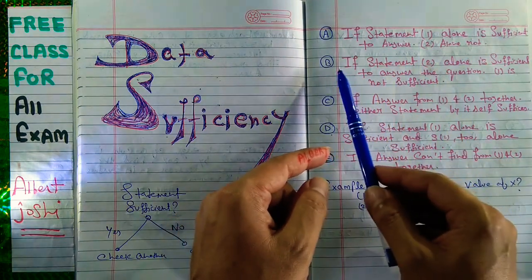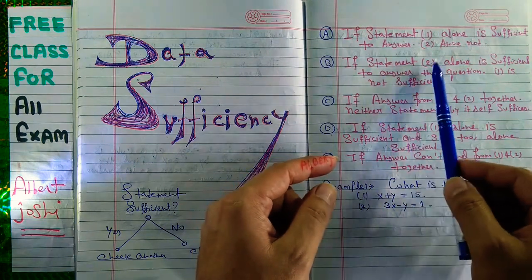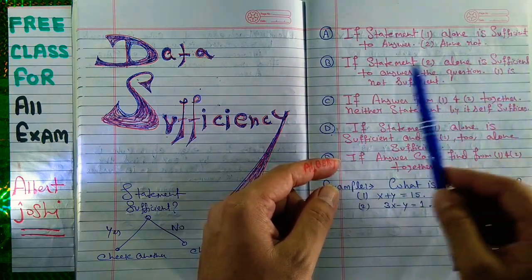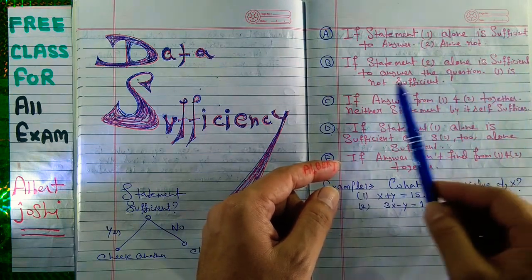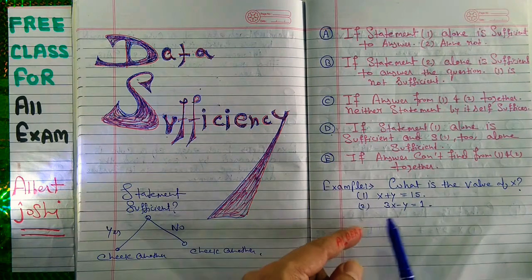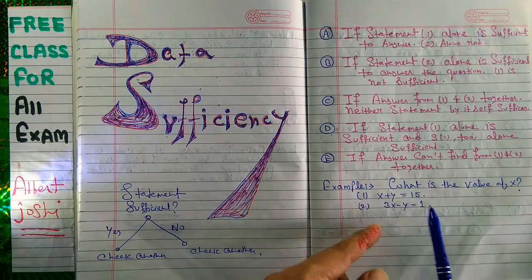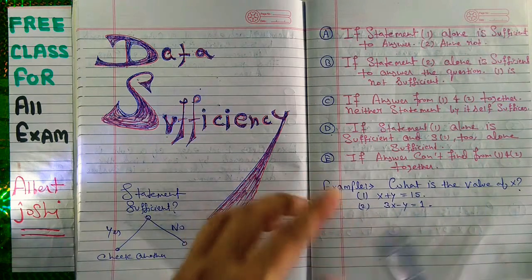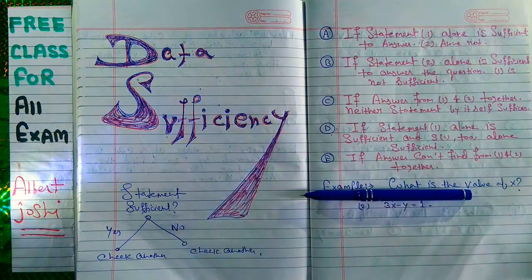We don't know about this variable, so it is impossible to find the value of x. Now the next option: if statement 2 alone is sufficient to answer the question. The first is not sufficient. In the second statement we have 3x minus y is equal to 1. Suppose only this one statement was given.